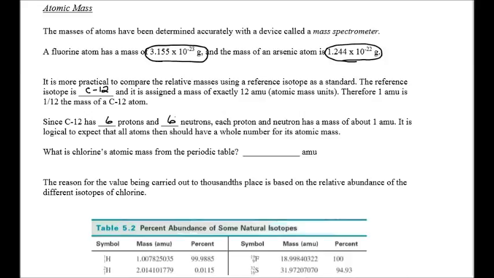But if we look up chlorine's atomic mass in the periodic table, it's 35.453 AMUs. The reason the mass in the periodic table is not a whole number is because it is an average of all of the isotopes and their percent abundances.